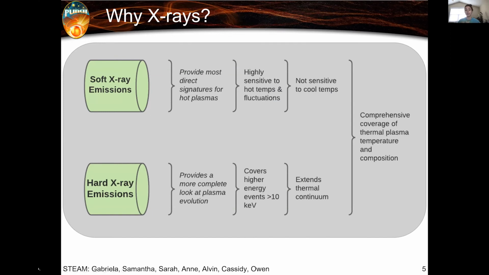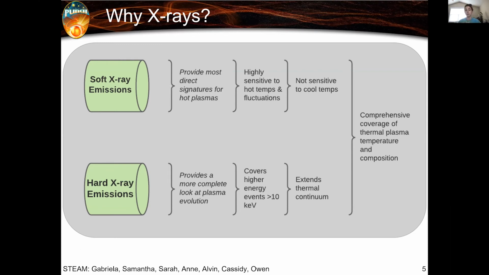So why exactly are we measuring X-rays? Soft X-rays provide the most direct signatures of hot plasma and are highly sensitive to hot temperatures, as well as fluctuations in temperatures. We can also expect little to no contribution from colder chromospheric material, which will help in our data analysis. Soft X-rays are also easy and simple to measure using spectroscopy.